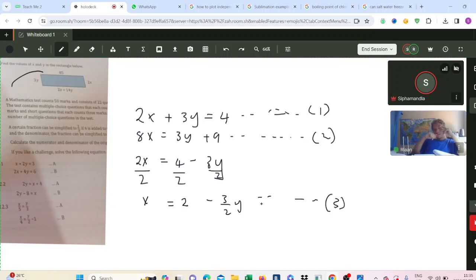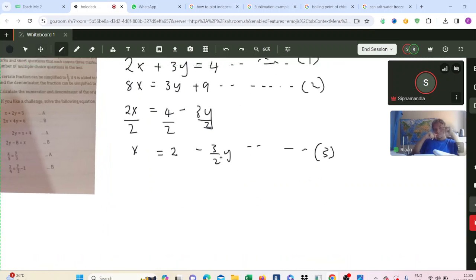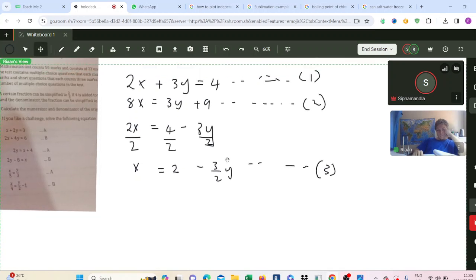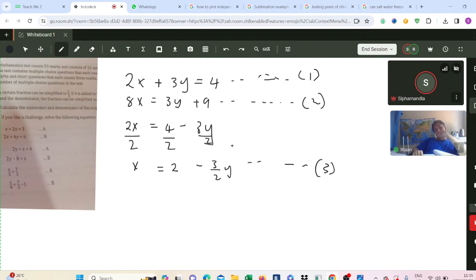So what does this actually mean? This means that where there is x, you just plug in 2 minus 3 over 2y. Now the question would be, where are you going to plug in equation 3? You plug it into the second equation, the one that we didn't use to make x the subject of the formula.